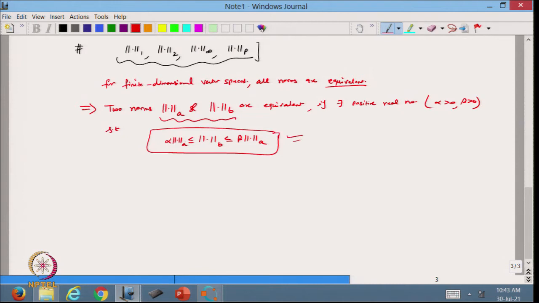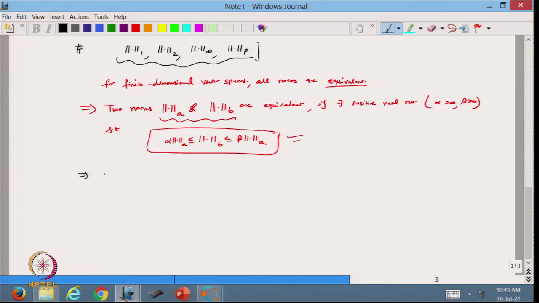Now, based on this, let us define. Once we have defined the vector norms, the next question is how we can define the matrix norm. So we want to define a matrix norm.